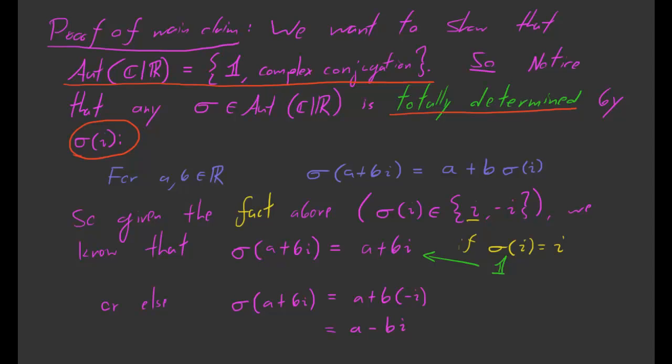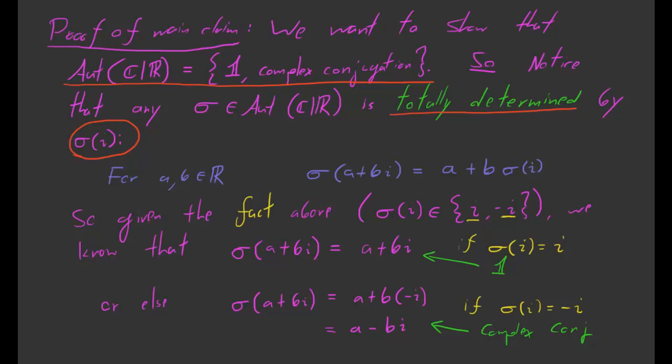And the other option is when sigma of i is equal to negative i. In that case, sigma of a plus bi is equal to a plus b times negative i, which is a minus bi. So this happens if sigma of i is equal to negative i. And of course this function is just complex conjugation.